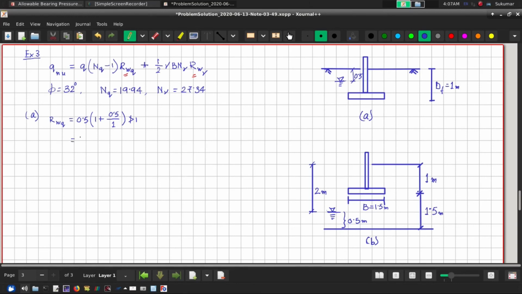So it will be 0.5 into 1 plus 0.5, so 0.5 into 1.5, which is 0.75. So RWQ will be 0.75, and RW gamma will of course be 0.5, because the whole soil below the footing is saturated, below the groundwater table.